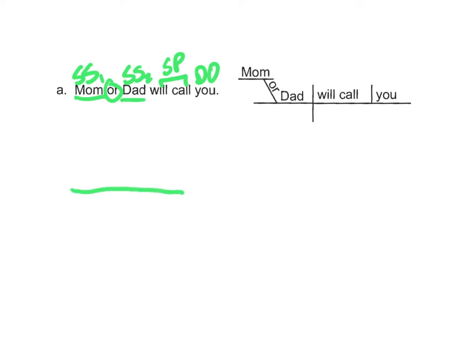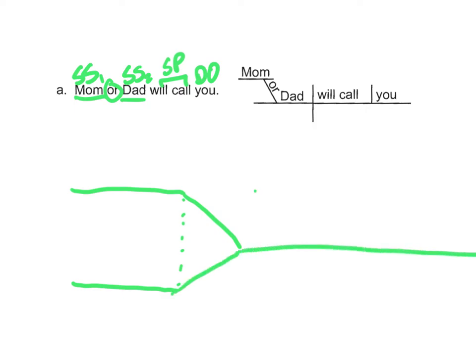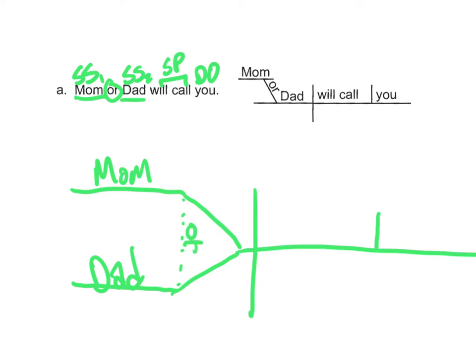Simple subject sub 1, simple subject sub 2, conjunction, split our subject and our predicate, simple predicate, direct object. Here we go. Mom, dad, or, will call you.